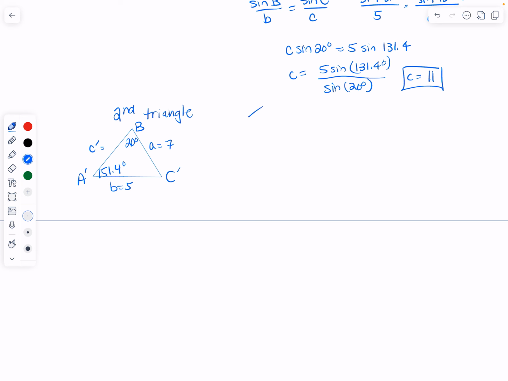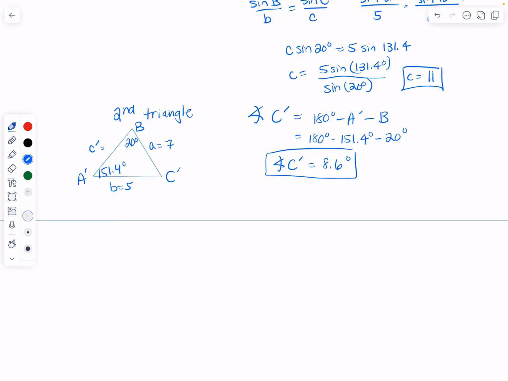So I have to find C prime. Let's go ahead and find angle C prime. To find that, I'm going to take 180 minus angle A prime and minus B. So 180 minus A prime, which is 151.4, minus 20 will give me angle C prime. So 180 minus 151.4 minus 20 equals 8.6 degrees.